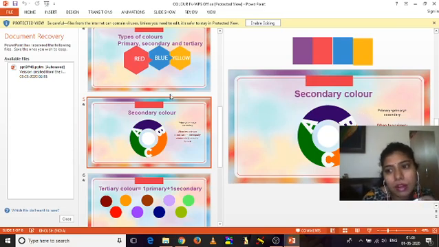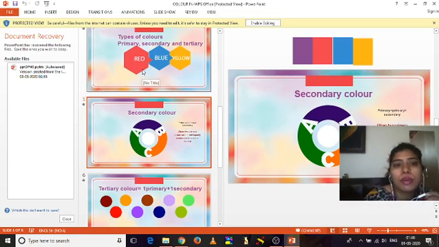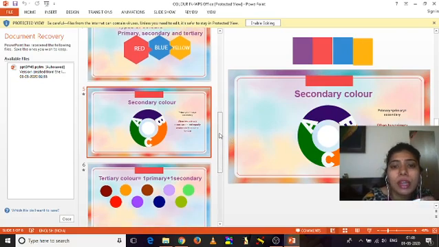For example, if we mix red and yellow, we get orange. If we mix red and blue, we get violet. If we mix blue and yellow, we will get green color. So these are the three secondary colors which we get by mixing two primary colors.